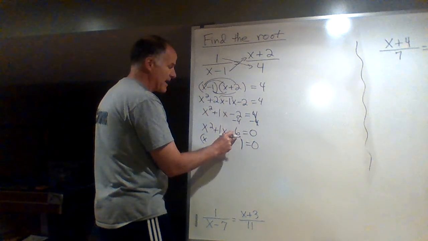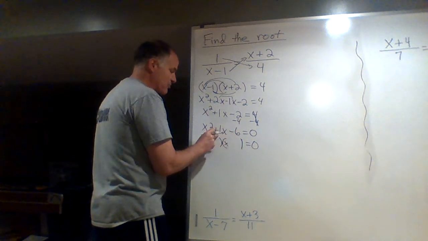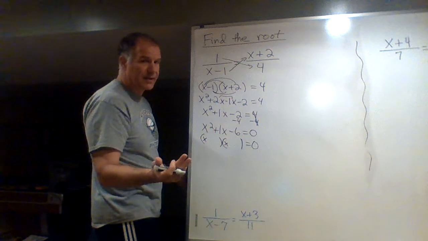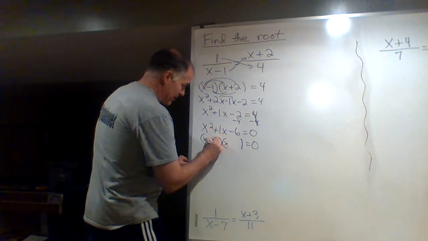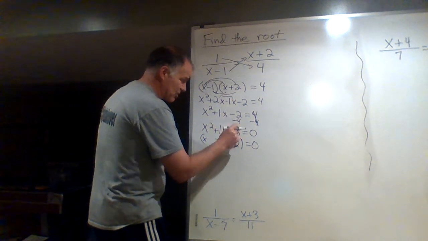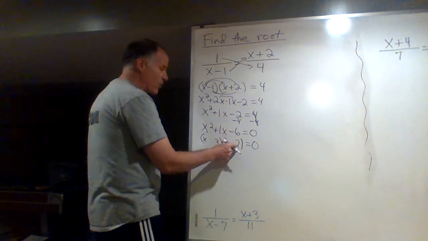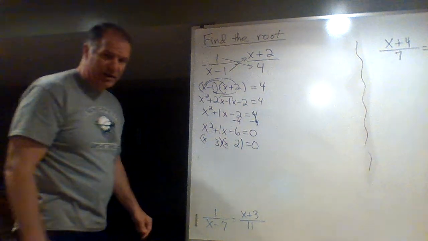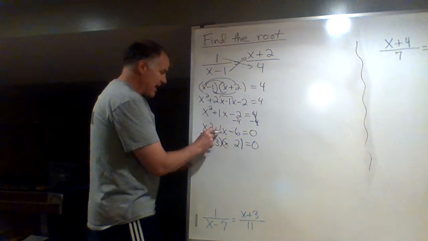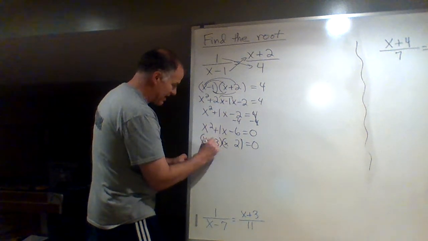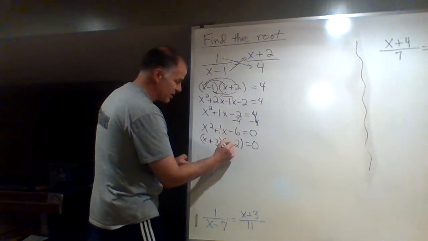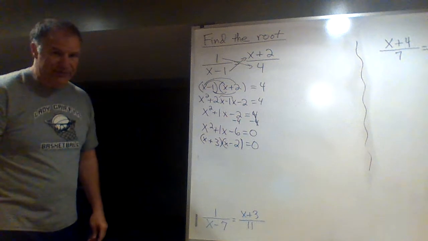So what multiplies to make 6 and subtracts to make 1? 3 and 2, right? 3 times 2 makes 6. 3 take away 2 makes 1. Remember, since I need a positive 1, the larger has to be positive, which means the smaller needs to be negative.